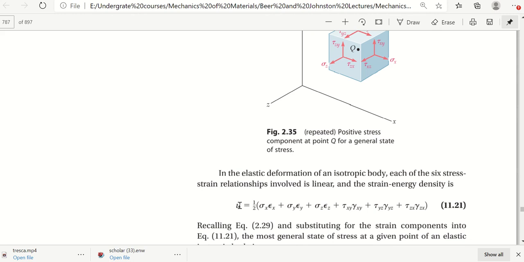So writing in general form, the strain energy density for considering all the stresses, normal and shear stresses.